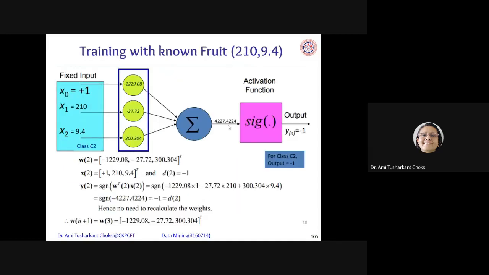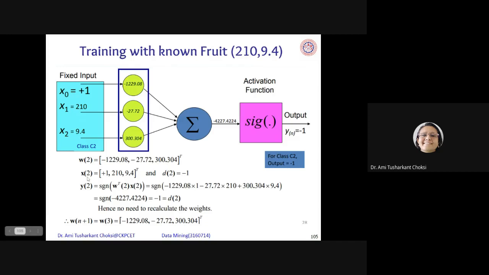Okay, so that's what is available here. This is the summer, and then after this is the activation function. Now we need to find the actual output. Desired output is minus 1. Let's see what W2 is: minus 1229.08, negative 27.72, 300.304 transpose.